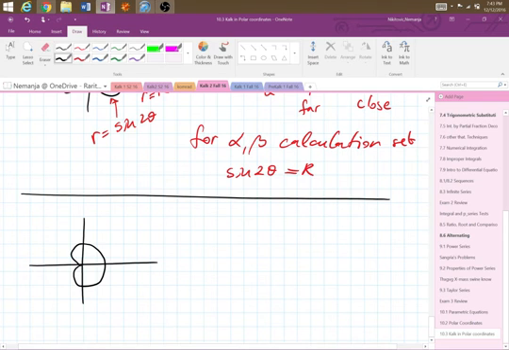I'm not drawing it properly. There we go. Because I need to draw a circle now. All right, so the question is, how much is this area?